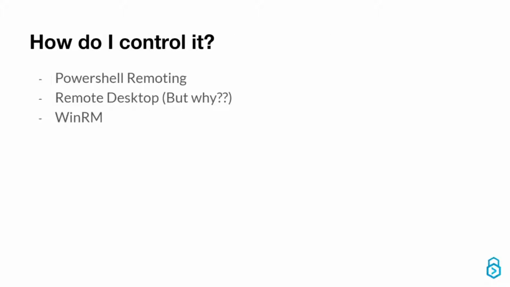Like, not really. So how do you go about configuring something that doesn't have a GUI? Well, you have a couple options. There's PowerShell Remoting, which is basically SSH in a way. It's kind of like a tmux / SSH kind of thing where you can just log into a terminal and start changing settings and running commands natively. You could use Remote Desktop.